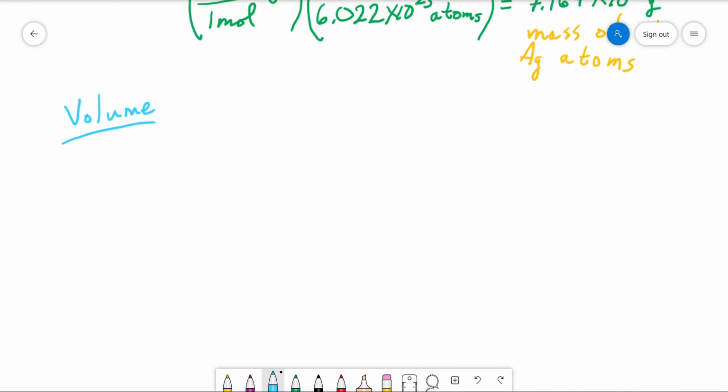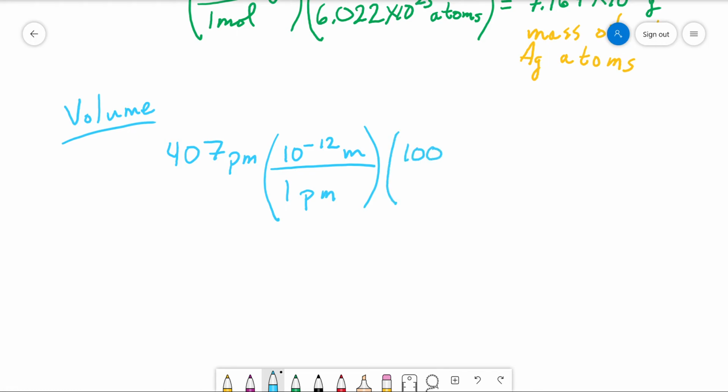All right, so we have 407 picometers, and there's 10 to the negative 12th meters per 1 picometer, but that gives us meters, we want centimeters, and there's 100 centimeters per 1 meter. That's going to give us the length of one side in centimeters: 407 times 10 to the negative 8 centimeters.